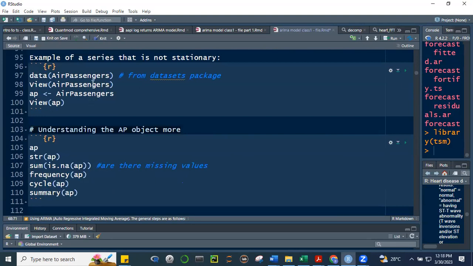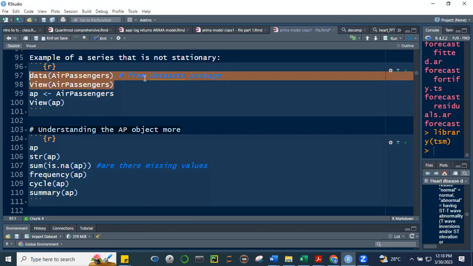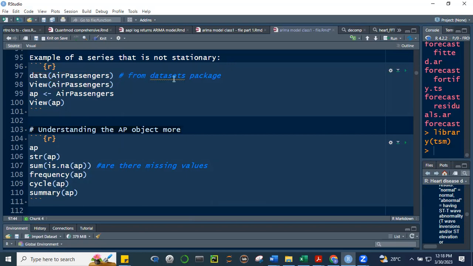Okay, so let's now load itong data. I'm sure I didn't give this to you. So data natin, air passengers, and then i-view natin siya. And then let's give it another name para mas maiksi lang. AP, and then i-view natin si AP. All right, so kindly run this. Okay, so the air passengers data set is from the datasets package. Okay, so let's run this.